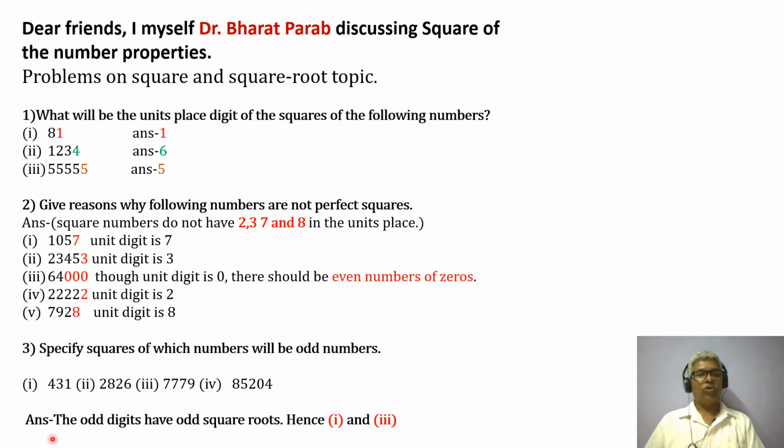We have given some statements here, study this: the odd digits have odd square roots. If you consider this, you are talking about the square of this, that means these are square roots. So if this is the square root of a squared number, and that is odd, then this is odd. Try to understand this, it's very easy, or refer to the previous video. Okay, we go ahead.